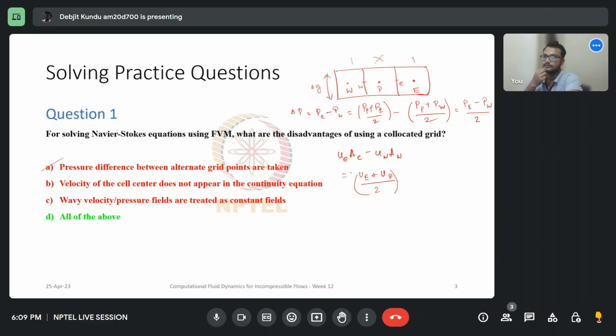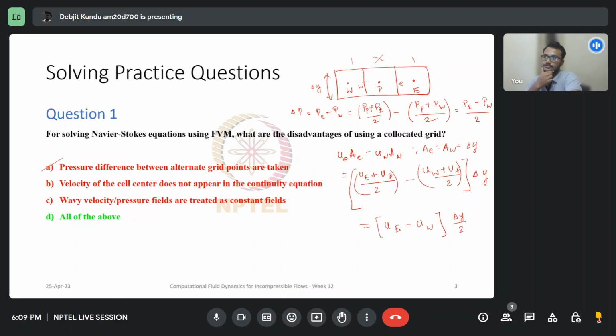So this will stay outside delta Y. So AE equal to AW equal to delta Y, just to make things clear. Now, UE is written like this and UW is written like this. And here also the P terms cancel out and we end up having UE minus UW into delta Y by 2.